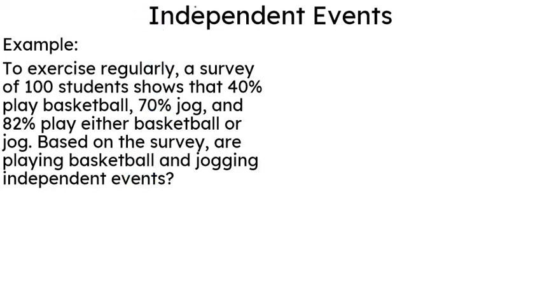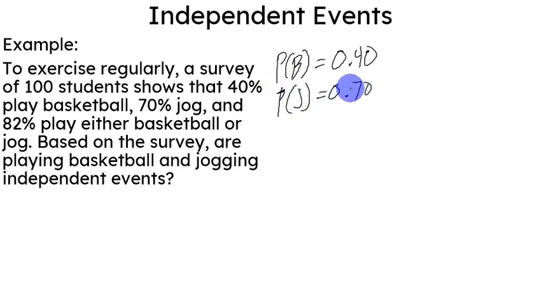Alright, so let's take note of what we know. The probability that students play basketball is 40% or 0.4. The probability that the students jog is 0.70.